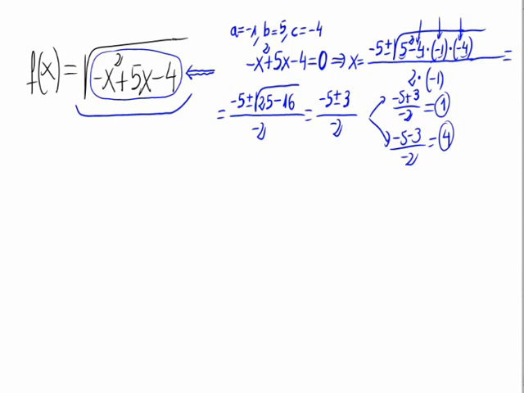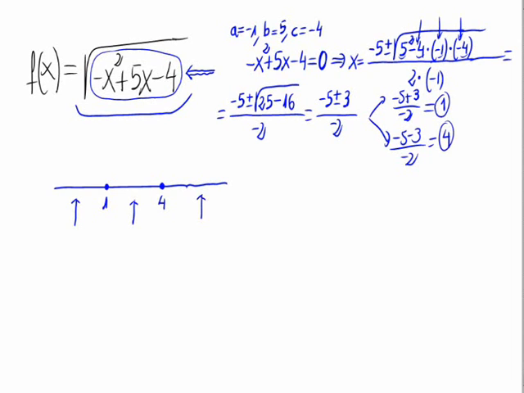So these values are going to be in the domain because they make the polynomial equal 0, and it is possible to obtain the square root of 0, which is 0. So let's draw them on a straight line, and here we have the 1 and the 4 with points. That means that they're included in the domain.